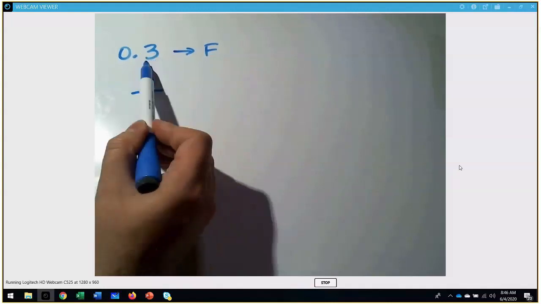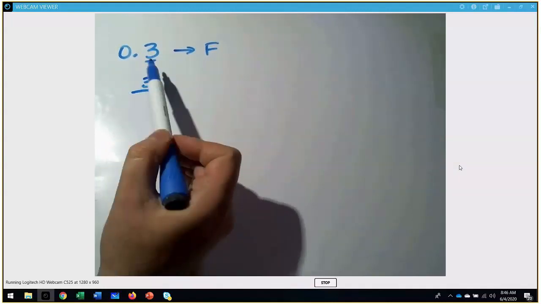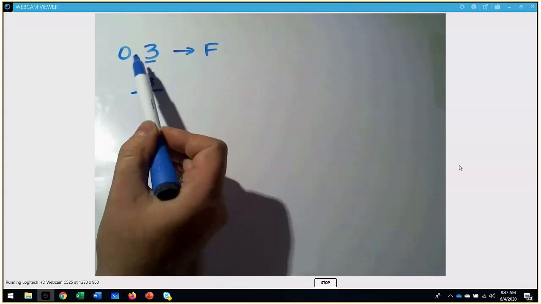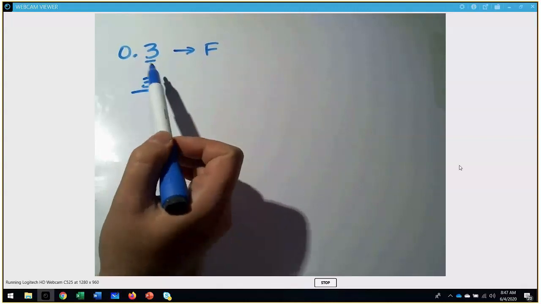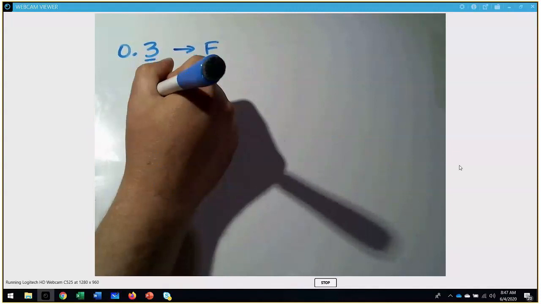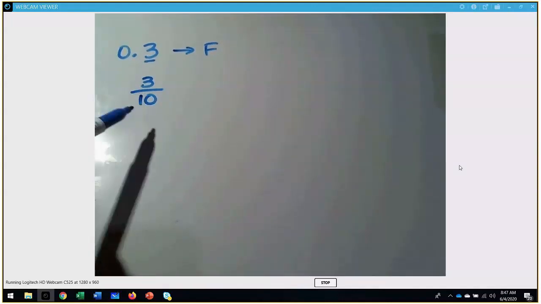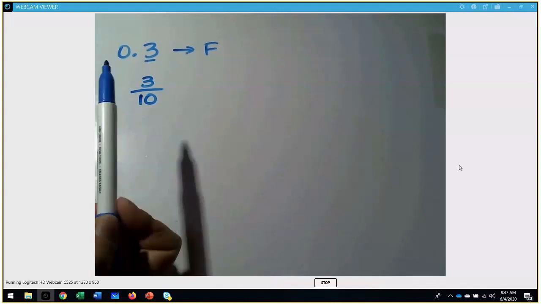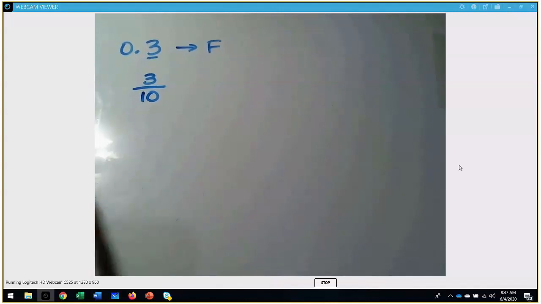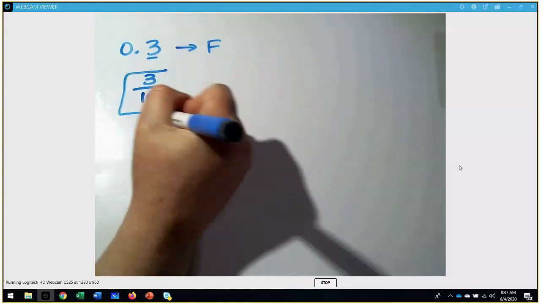So you have to know your place value to be able to do this. The place value in this, since it's one spot away from your decimal, is the tenths place. So here's my fraction, and then I would try to simplify this if I could, but there's nothing you can do to 3/10. So here's my answer.